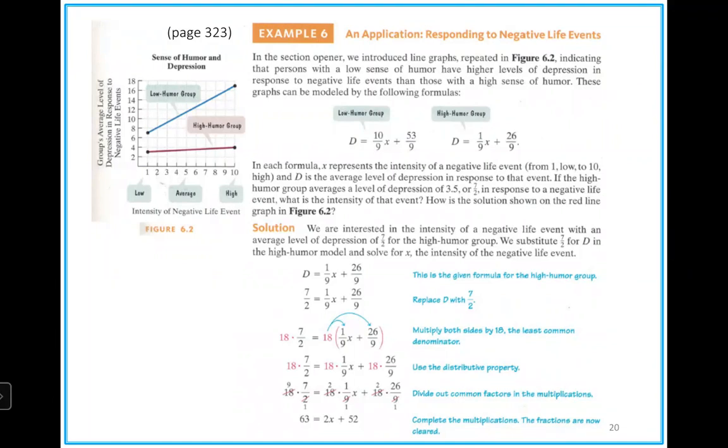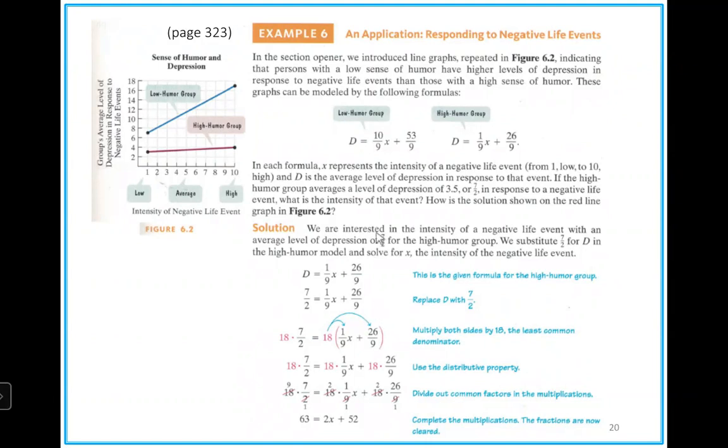Now this is not an exact science, but what they are trying to suggest here is that people with a high sense of humor do not react as negatively to negative life experiences as people with a low sense of humor.